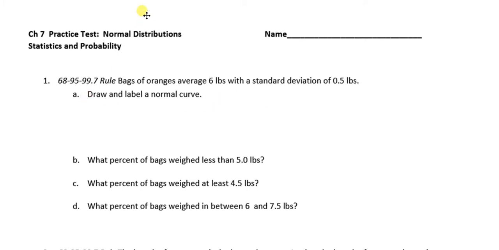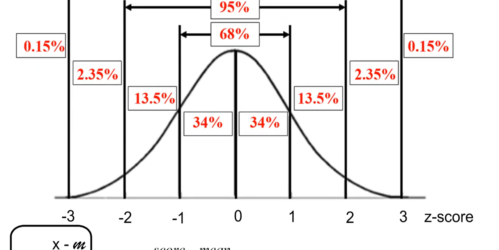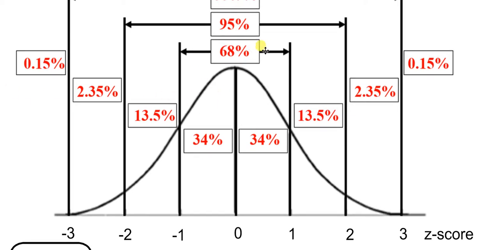So this 68, 95, 99.7 rule is using this sheet. It's a note sheet that you guys should have, and what it tells you is the approximate percentage of area underneath a normal distribution, with 0 being the mean, and 1 and -1 being standard deviations away from the mean.